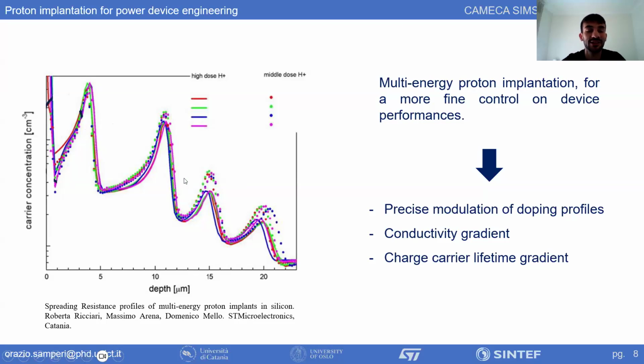It has been used for at least 20 years as a buffer layer for bipolar devices, like insulated gate bipolar transistors made of silicon. You can remember this, take a picture of this graph, because this is the object of my work.